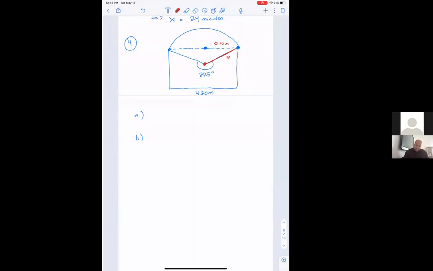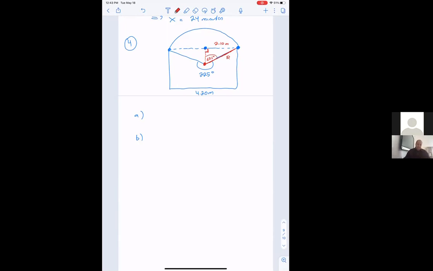But I need R. Now, I don't know this length right here, but I do know that it makes a 90-degree angle. And if the bottom angle is 225, then the total top of that arc must be 135. This whole arc here must be 135, and I want half of that. So this angle here must be 67.5 degrees.